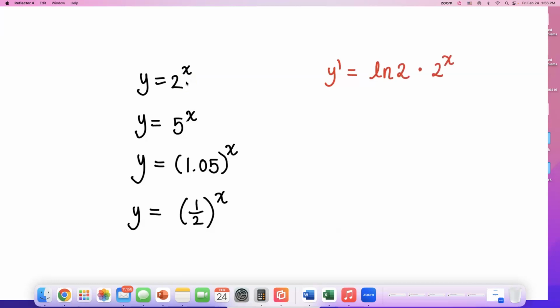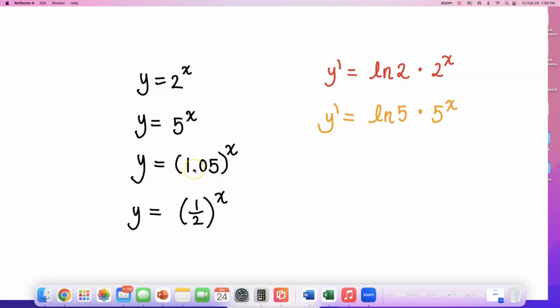It's always going to be natural log of that base times that original function. For the second one, where we had y equals 5 to the x, the derivative will be natural log of 5 times that exact original function.